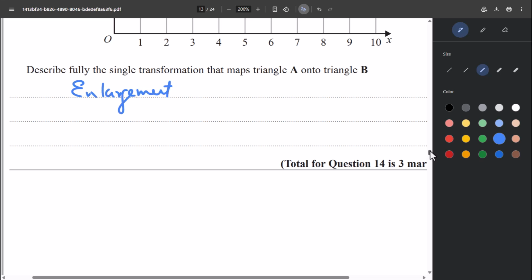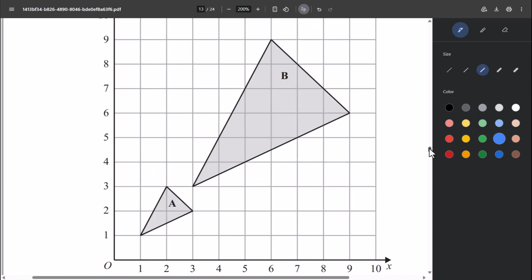Now, to clearly define this enlargement, what will be the scale factor? You can see B is an enlargement of A. Here has just 1, and here has 1, 2, 3. So this simply means that it goes up by a scale factor of 3.